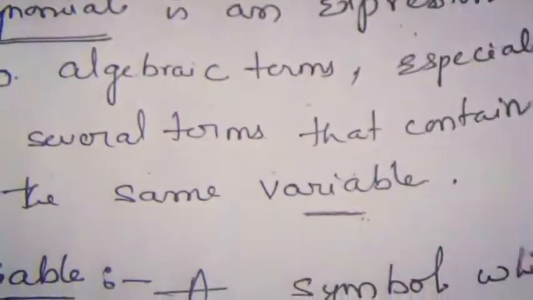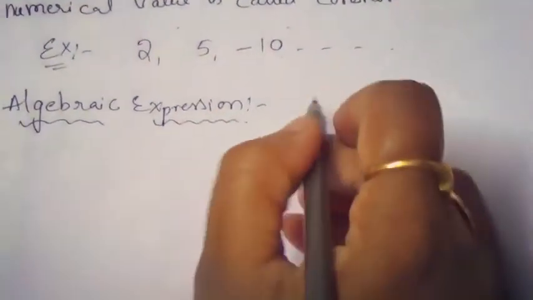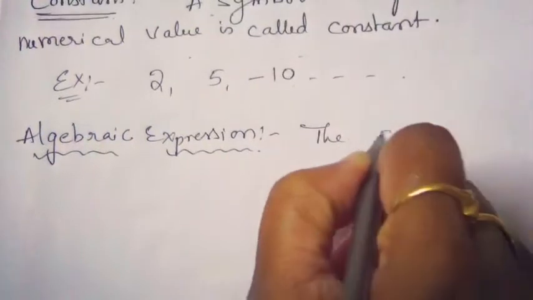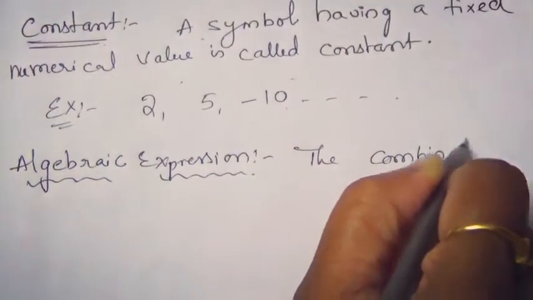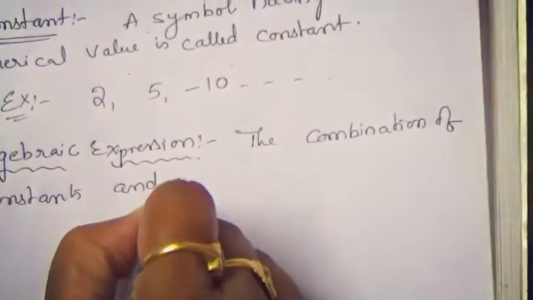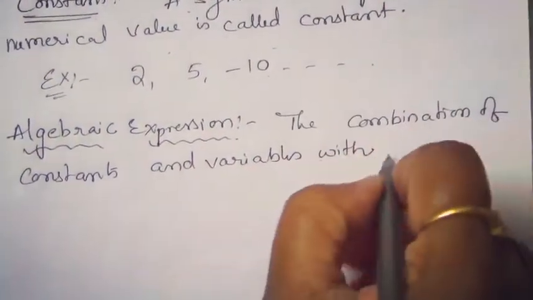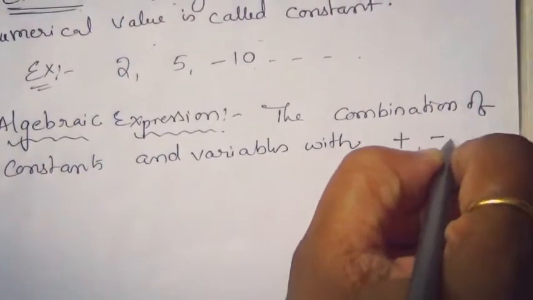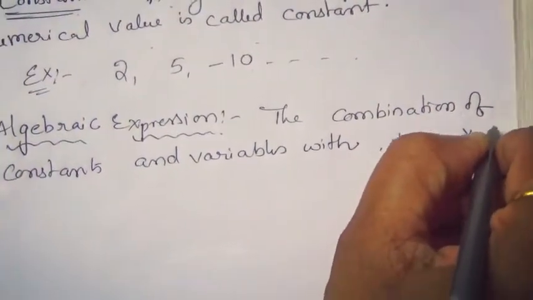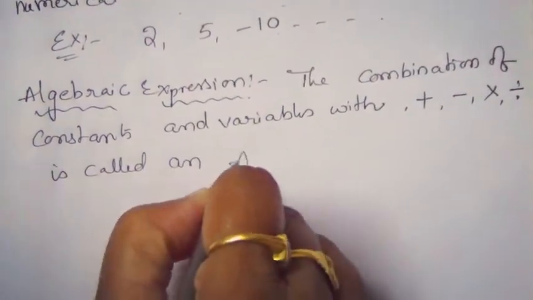An algebraic expression means the combination of constants and variables, with plus, minus, multiplication, division, is called an algebraic expression.